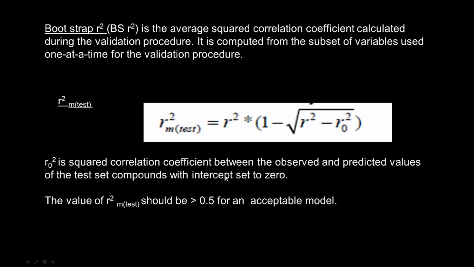That means you force the intercept to pass through 0 and get an R naught square. Without forcing it to pass through 0, you will get an R square, and then use this formula. That is called R square M test. This is more stringent, since you are forcing the line to pass through 0 to get this R square. Here you are not forcing it, so you get this, and then see whether the value is greater than 0.5, so that the model can be accepted.